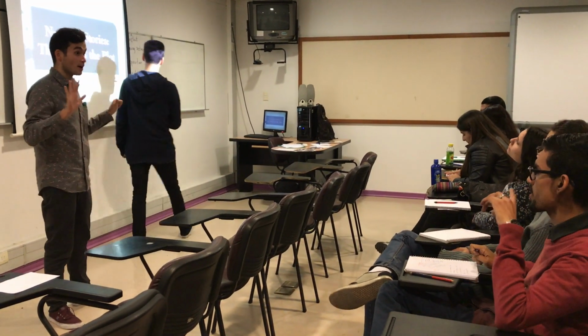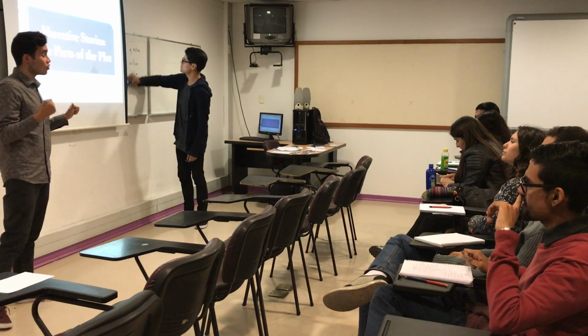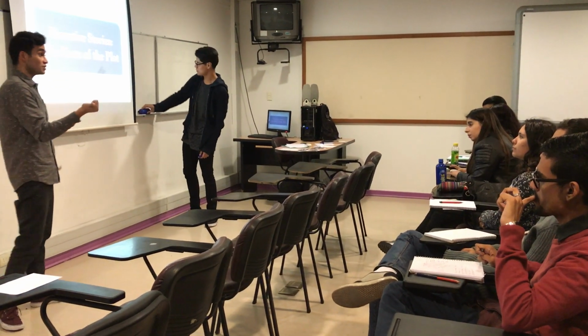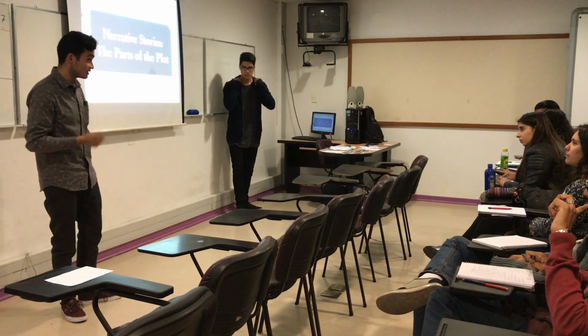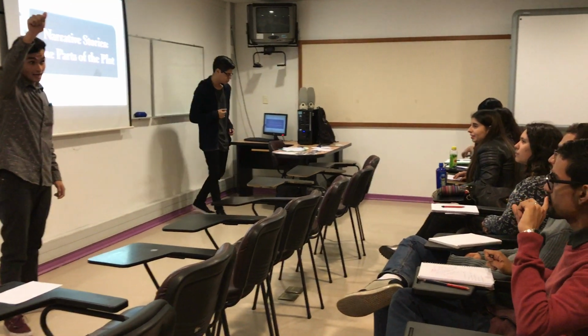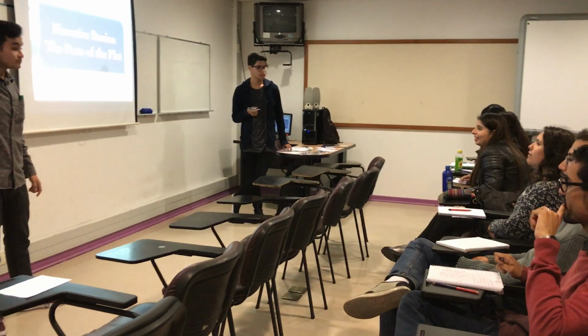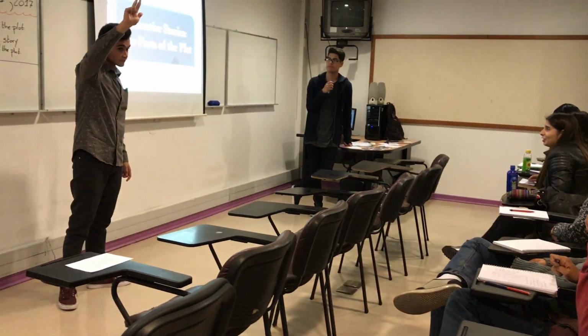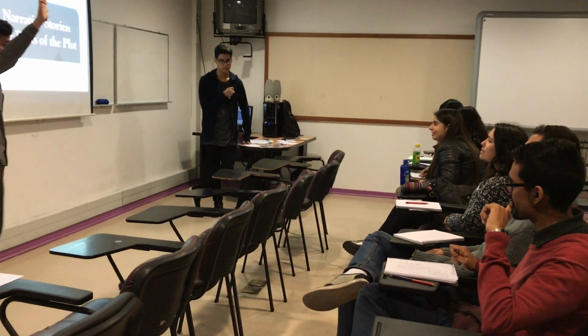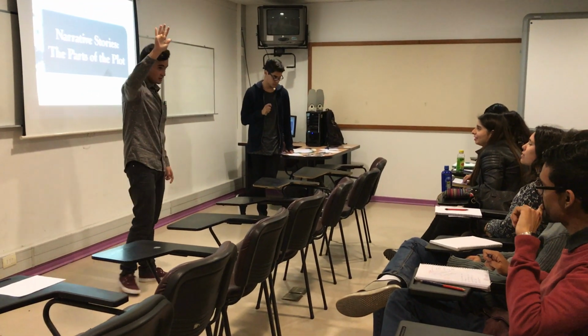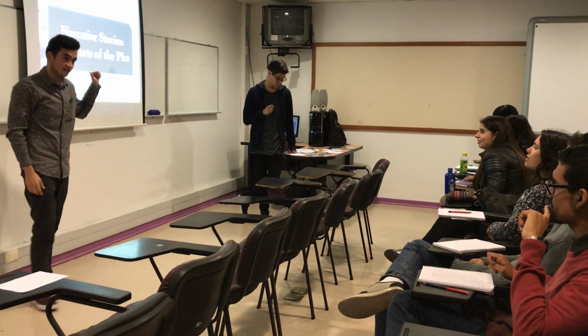There are six parts. We're going to go one by one, and I want to hear all of you saying the name of the part. The first part is the exposition. The second part is the conflict. Third, rising action. Fourth, climax. Fifth, falling action. And finally, resolution.